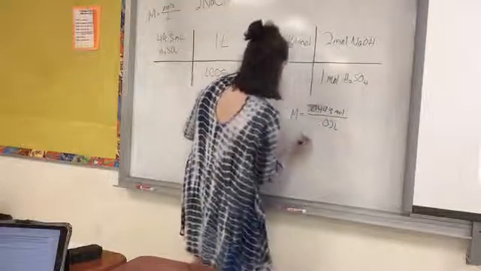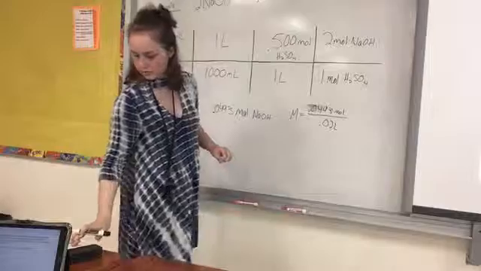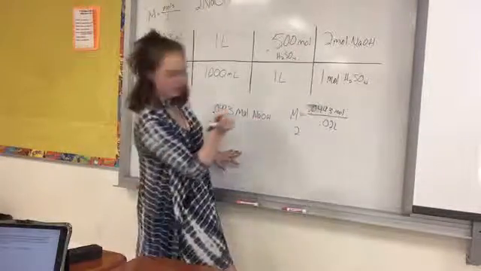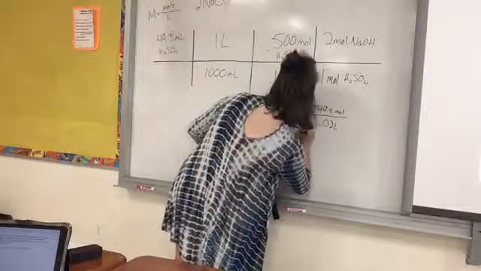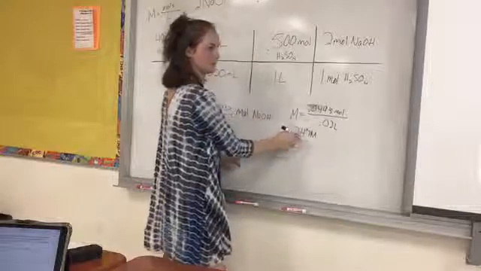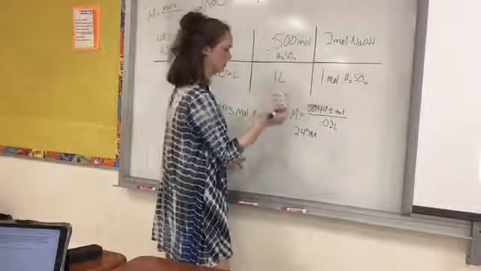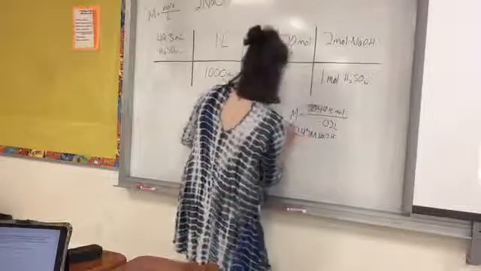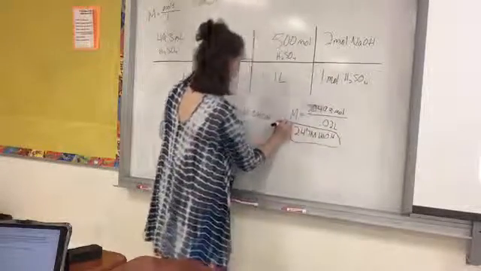Then you divide that and you get a molarity of 2.47. That's with 3 sig digs because that's what we were given with the molarity value and the milliliter value. So that is the answer.